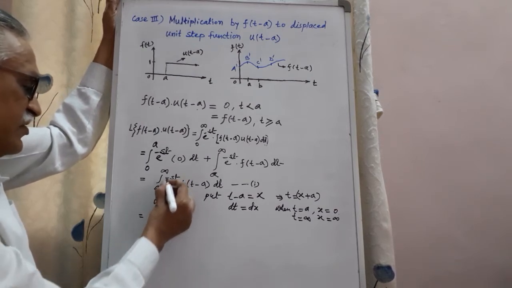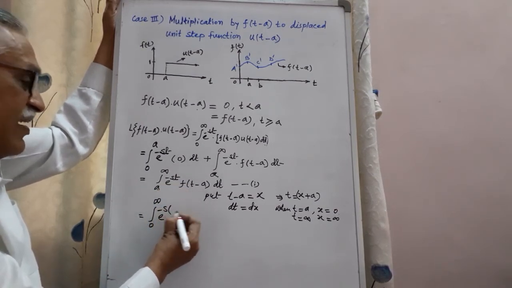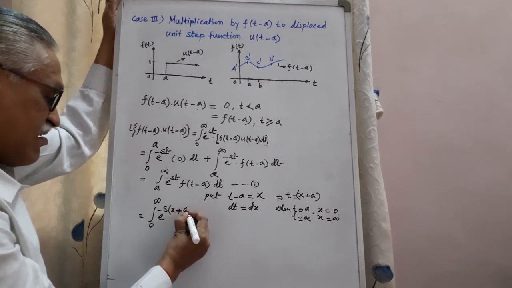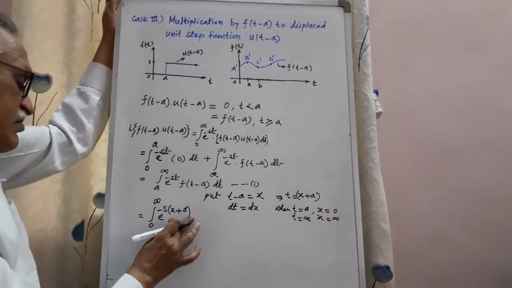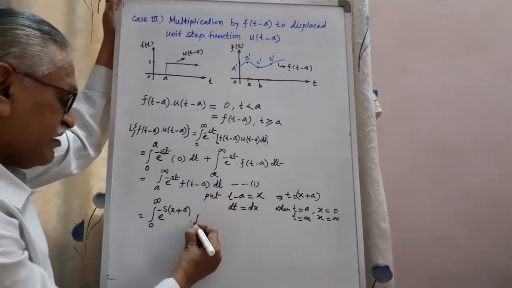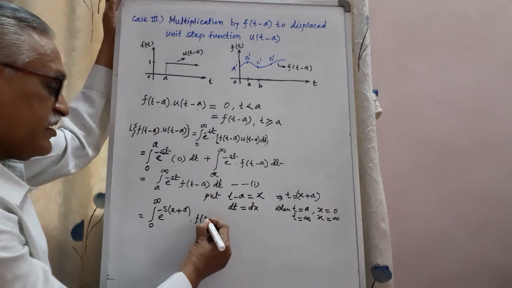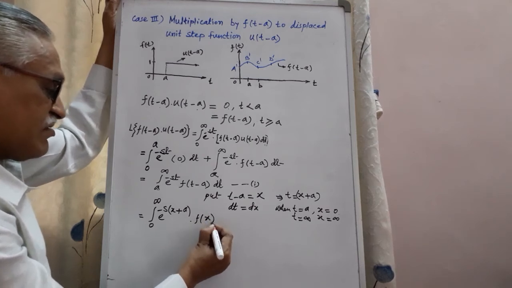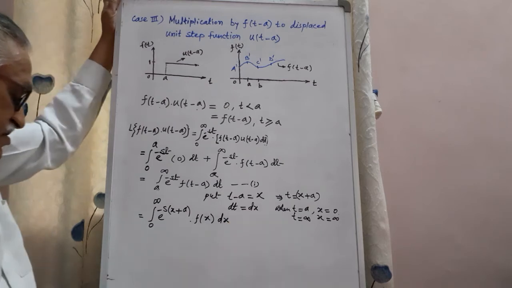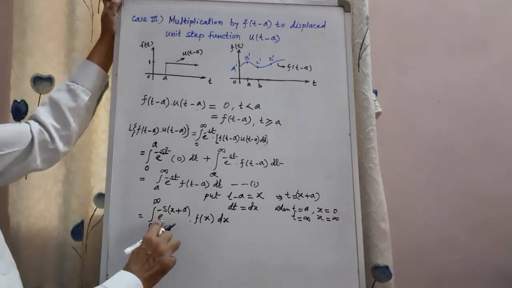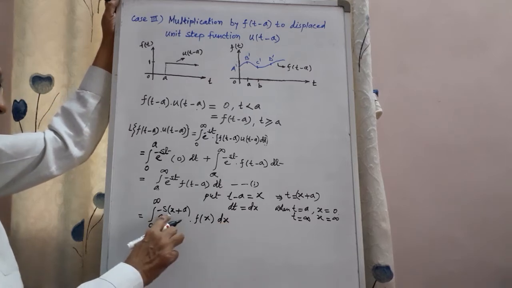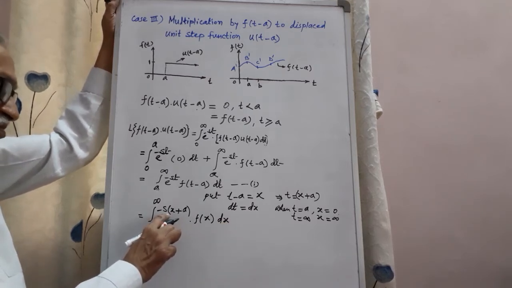We get the integral from 0 to infinity of e raised to minus s times x plus a, into f of x, since t minus a is x, and dt is dx. We integrate with respect to x, so s is a constant term.